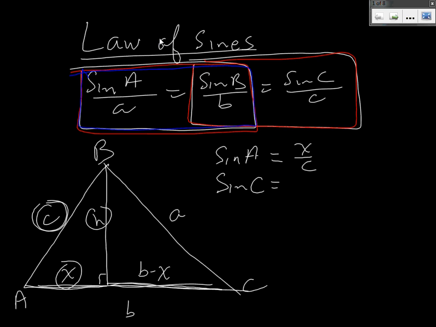Now something's wrong here, I apologize. The sine of A is opposite, which is h, over the hypotenuse c. And the sine of C is h over a.